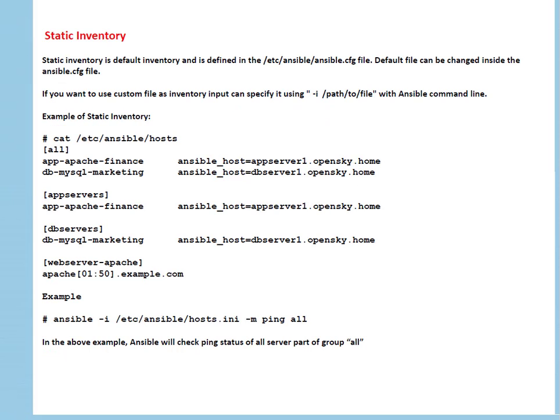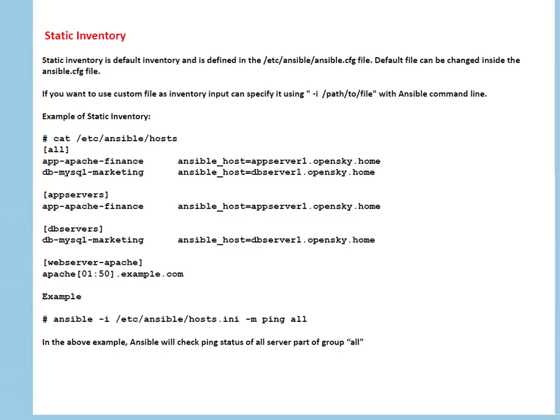Static inventory. Friends, static inventory is the default inventory, and it is defined inside the etc/ansible/ansible.cfg file. This is the file where all the Ansible configuration is kept. You can modify the default static inventory file, which is etc/ansible/hosts.